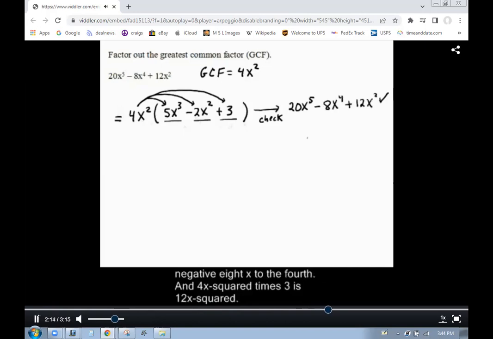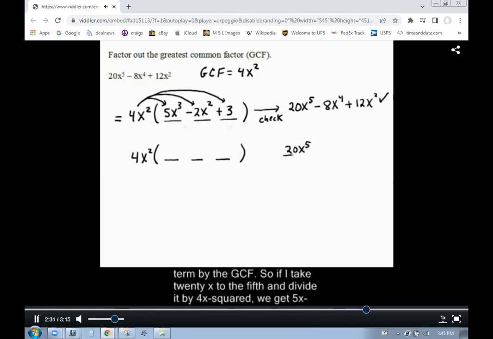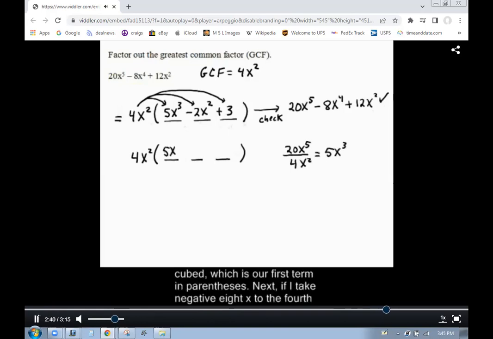Now, if you had any trouble following how I got the three terms within parentheses, I'll go into more detail here. Each term within parentheses can be found by dividing the original term by the GCF. So if I take 20x to the fifth and divide it by 4x squared, we get 5x cubed, which is our first term in parentheses.